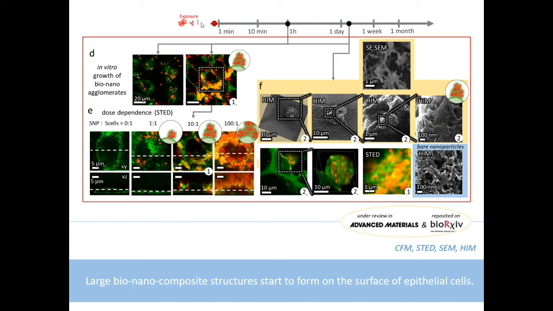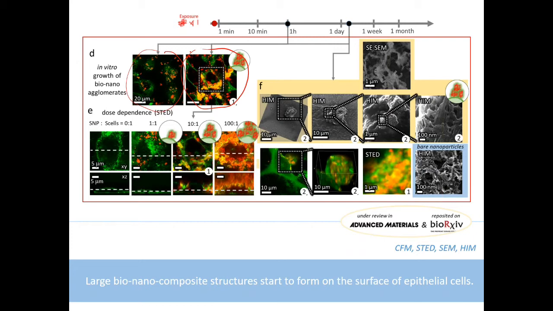So first of all, if you wait 1 to 2 days, so this is after 1 hour, and this is after 2 days. This is an image from the top. You can see many cells, a lot of nanomaterial inside, but you can see a lot of orange, yellow-orange aggregates.